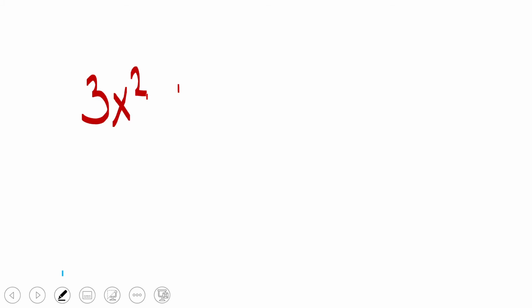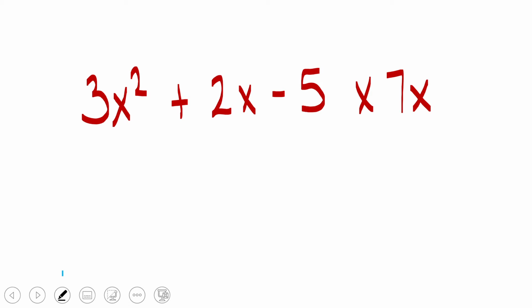Let's practice another one. This time, let's look at a squared term. So we have 3x squared plus 2x minus 5 plus 7x. That should be a plus. All right, look through here.